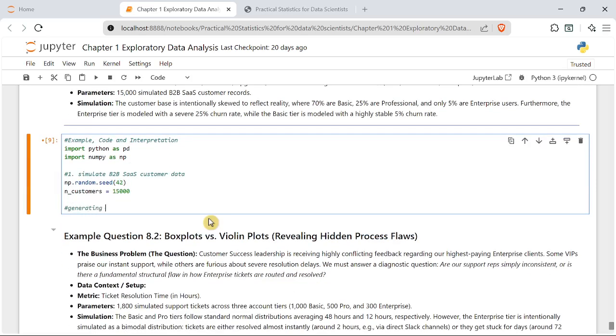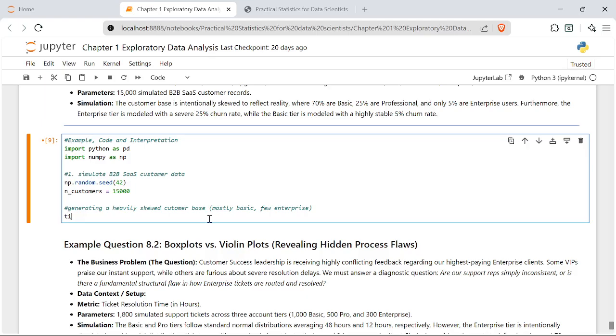Generating a heavily skewed customer base, mostly basic, few enterprise tiers.